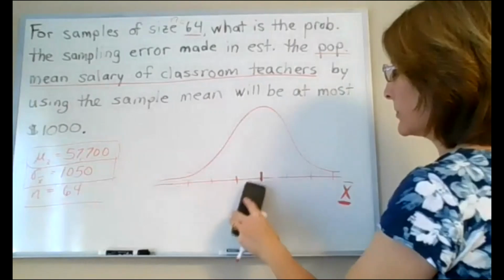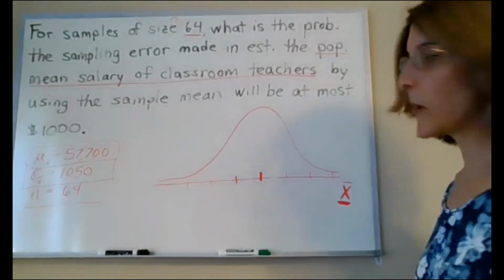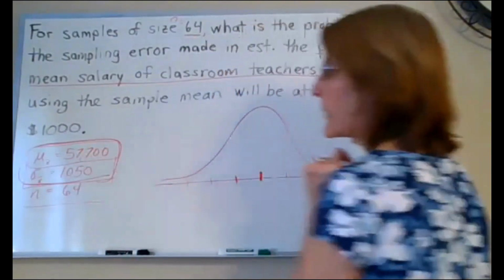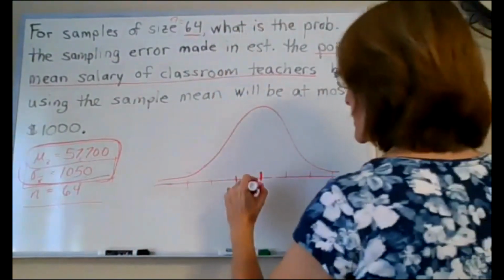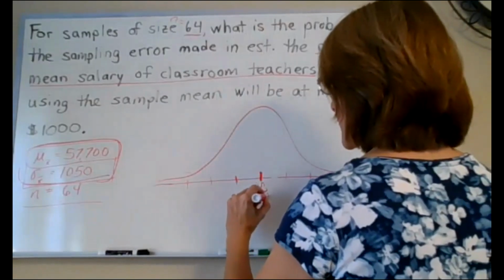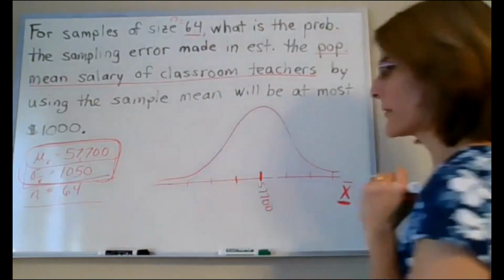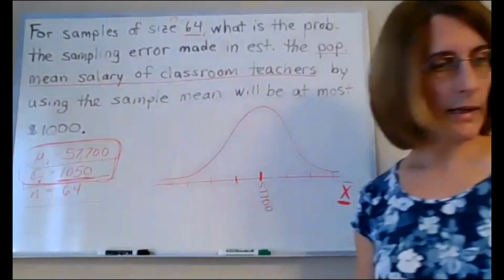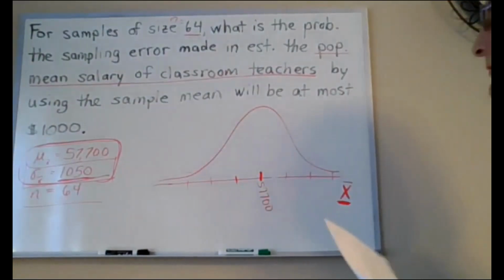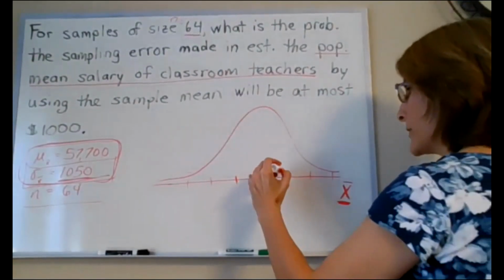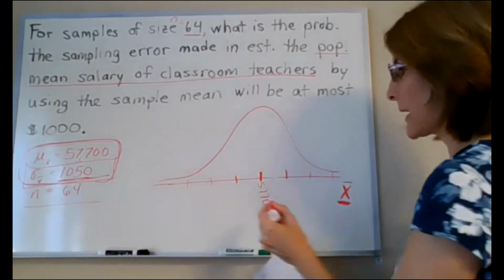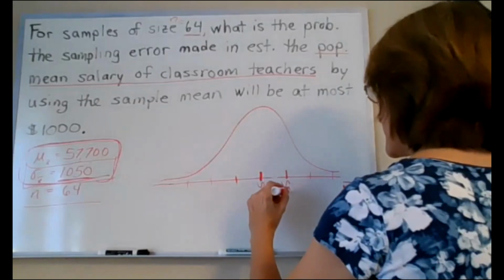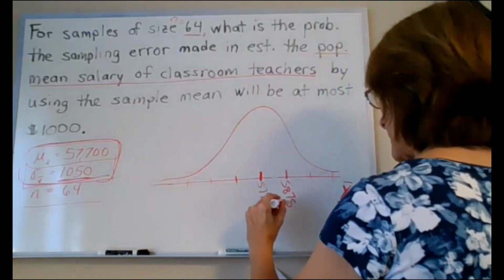We already calculated them in the first part of the problem. When we have a sample size of 64, we know the mean is 57,700 and the standard deviation is 1,050. To figure out this mark, I add 1,050 and I get 58,750.